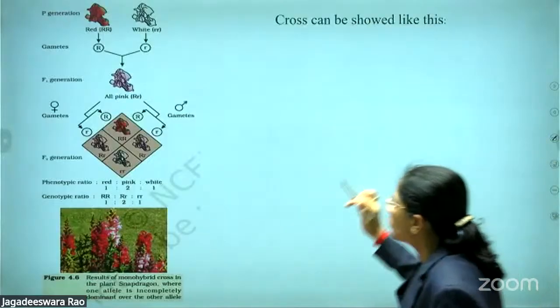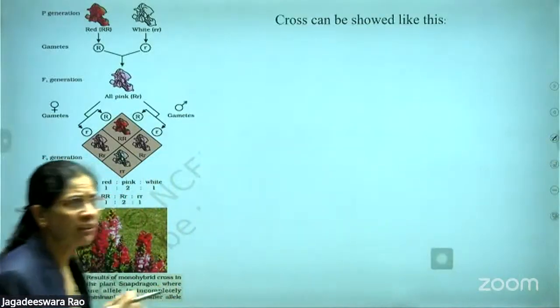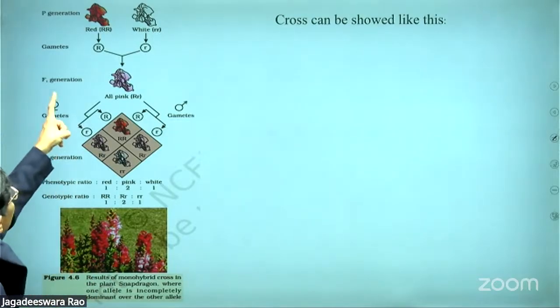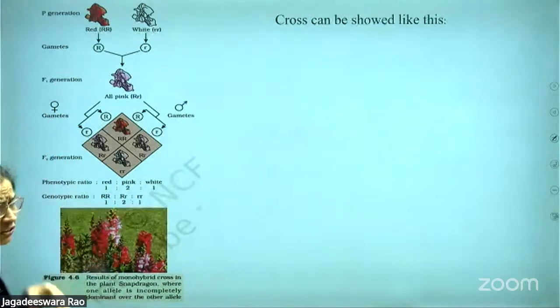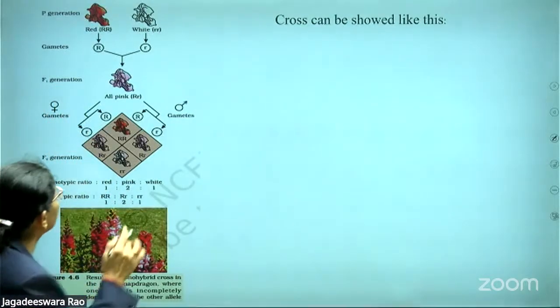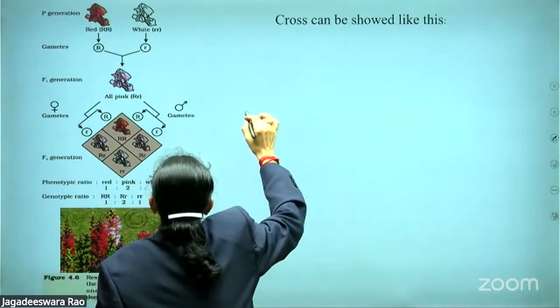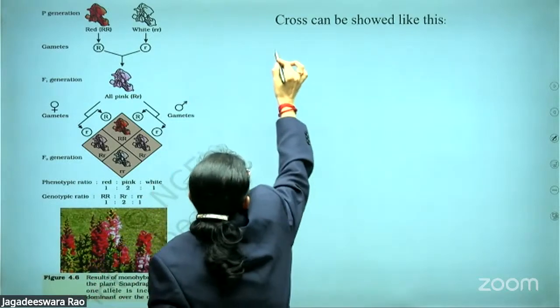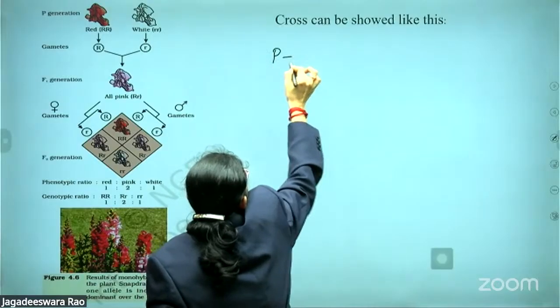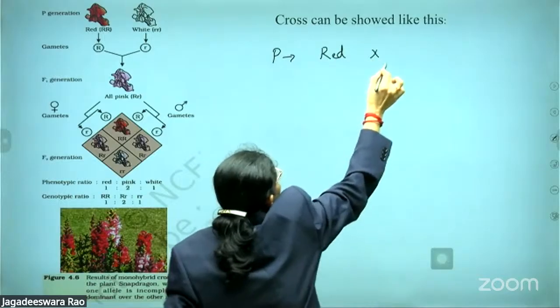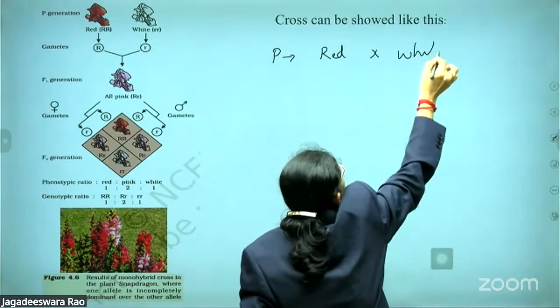Now next one. Here we will represent this cross. You can see the diagrammatic representation is given, but I will write how you have to show the cross. First, P is for parent, parents are red into white. You know they are pure breeding varieties.